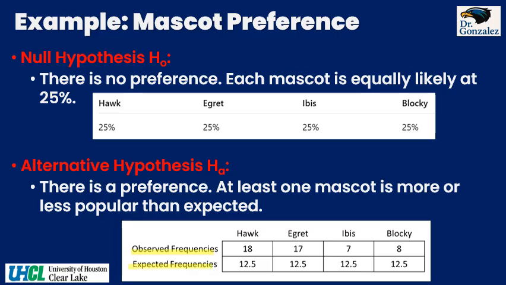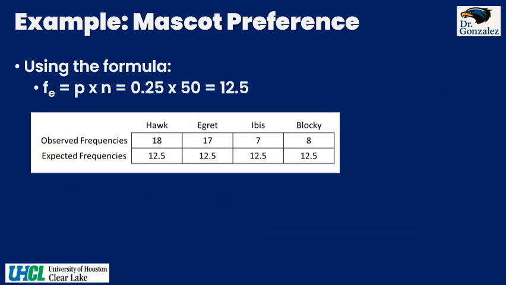So I observed 18, I would have expected to see 12.5, 12.5, 12.5, 12.5, and you can see what I did observe right up here. So I'm going to use the formula F sub E equals P times N to get 0.25 times 50 equals 12.5. That was how they calculated what we should see.